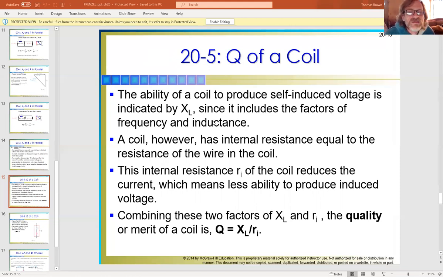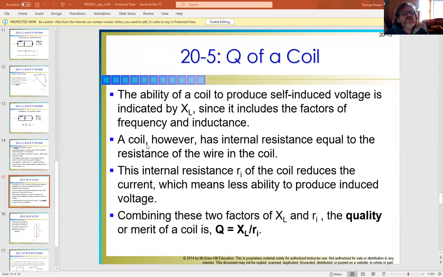But the coil itself, remember what I said previously when we measured, the wire itself does have what they call a DC resistance to it. Granted, it's small, but it is still there. And that's the phenomenon he's looking at now.